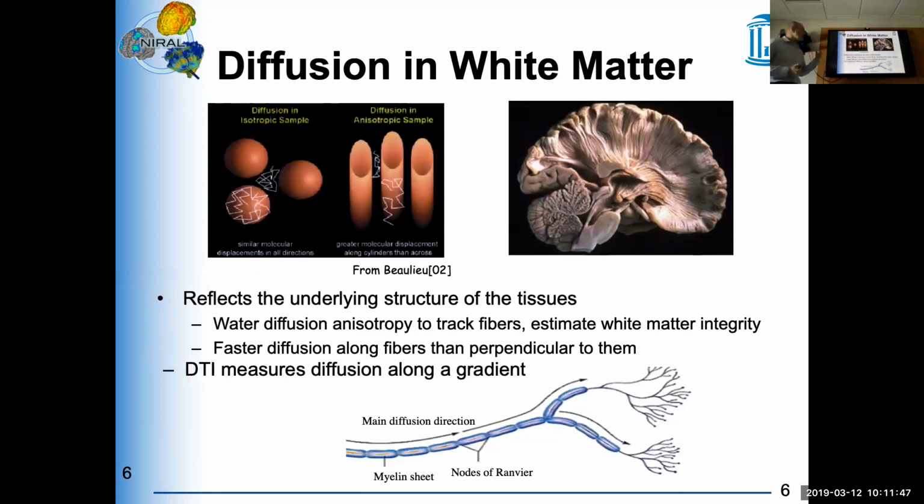Any tracts we extract from diffusion imaging are not truly axons. They are a representation of the local microstructure. They may largely agree with axons or fiber bundles, but not with individual ones.